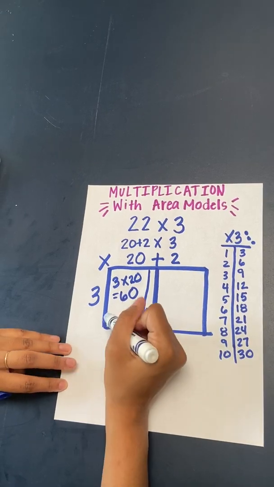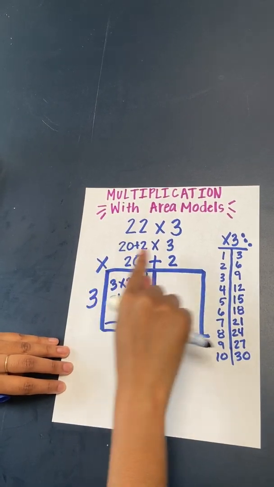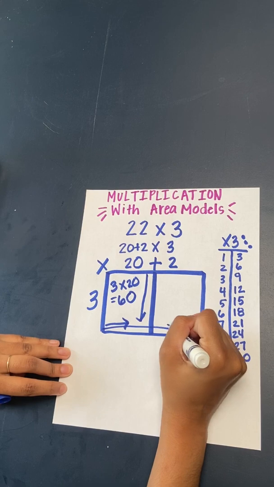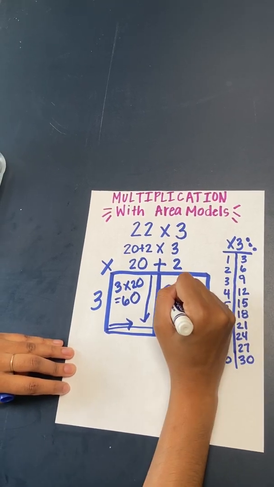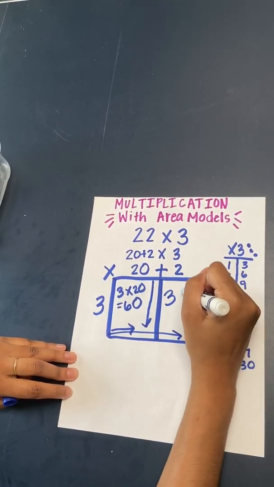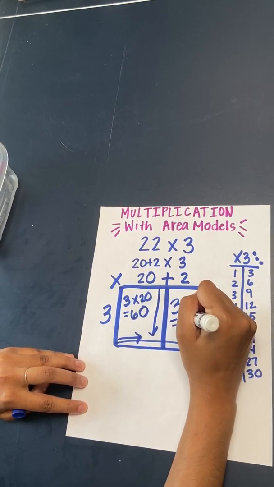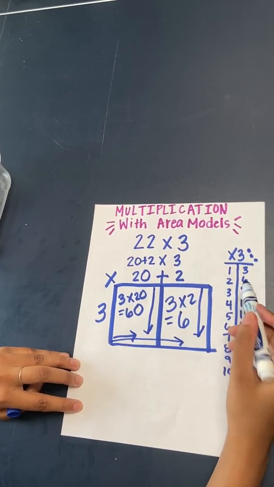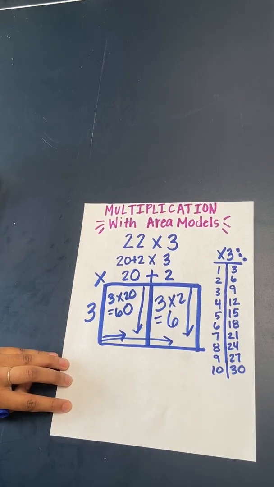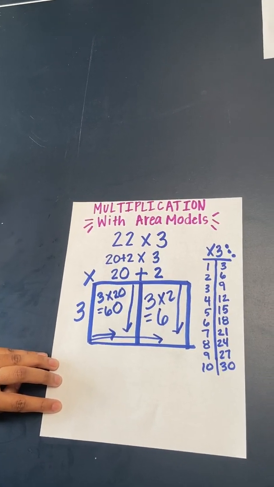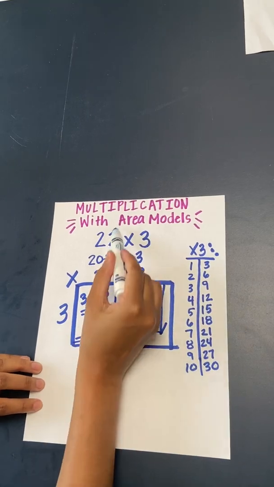But I'm not done yet. I still have 3 multiplied by 2. We have to bring it all the way over. 3 times 2. And that gives me the number 6. Now, it might look like I'm done, but remember, we decomposed our number right here.